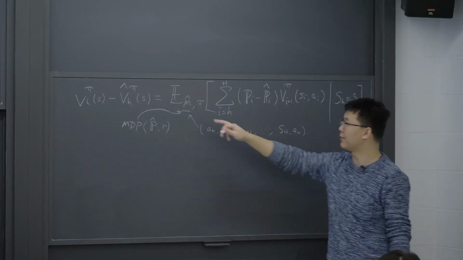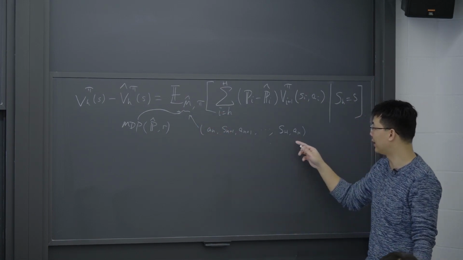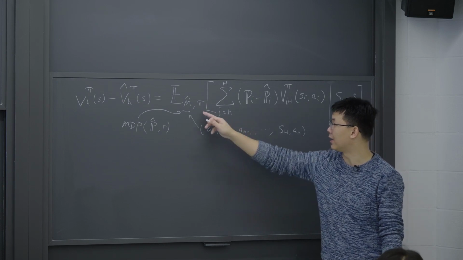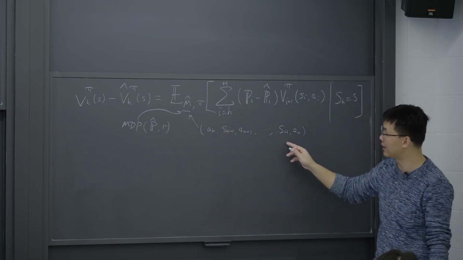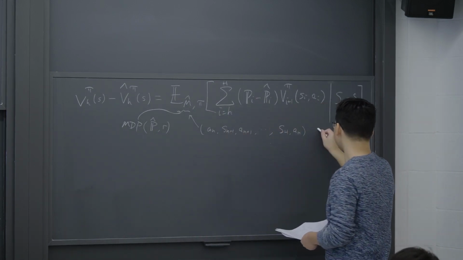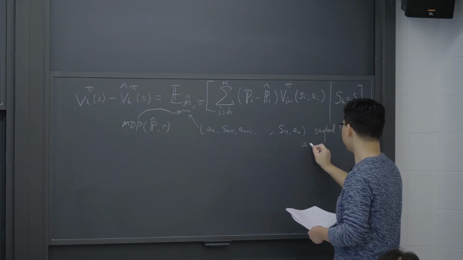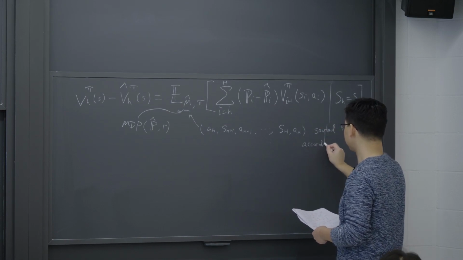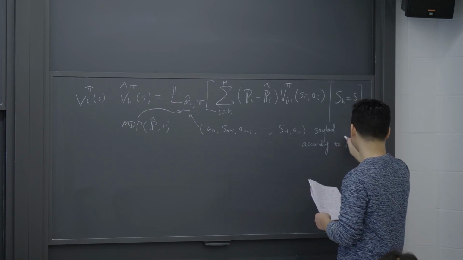Taking expectation by M hat and pi means all of the actions a are sampled from pi, and all of the next states s_{h+1} until s_H are sampled from P hat. So those are sampled according to pi and P hat.